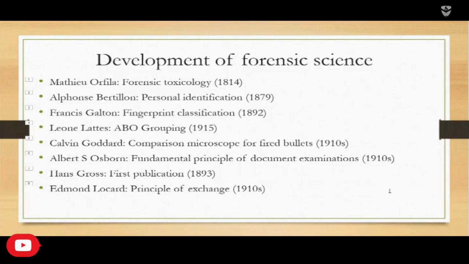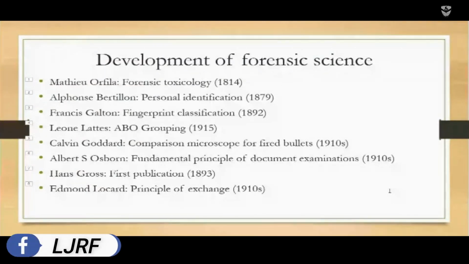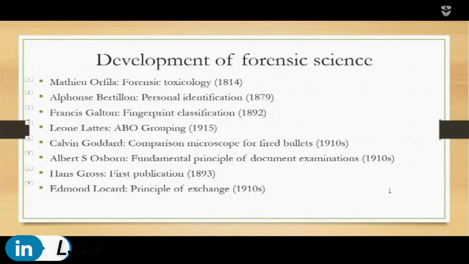The next development was from Calvin Goddard, who came up with an idea for comparison of fired bullets. Just imagine a crime scene where you get a fired cartridge case or a bullet. If you have to compare that bullet with something else, you need to have a comparison standard.